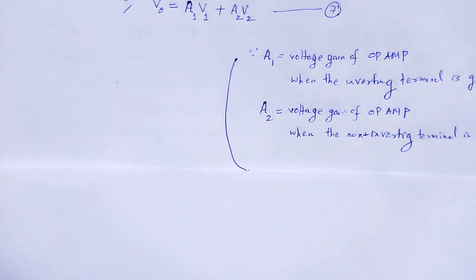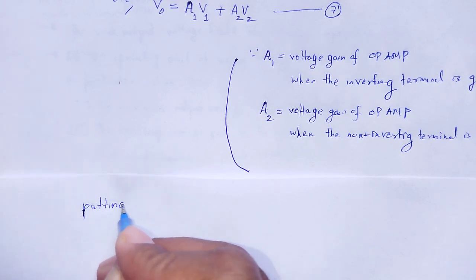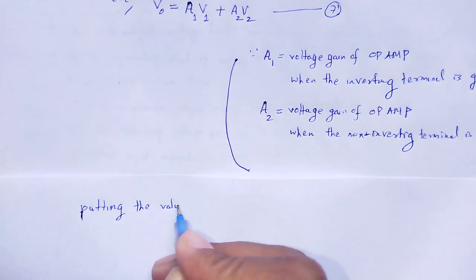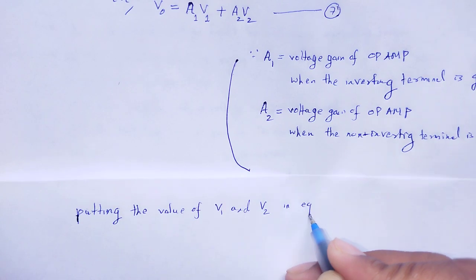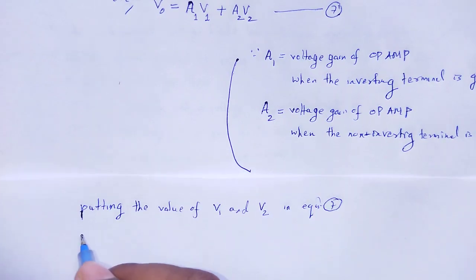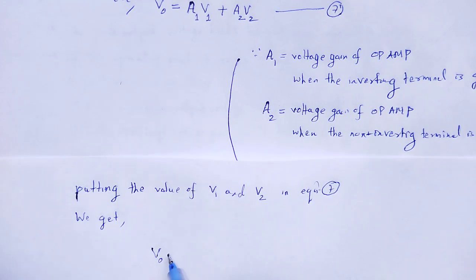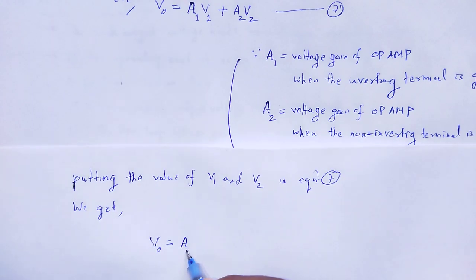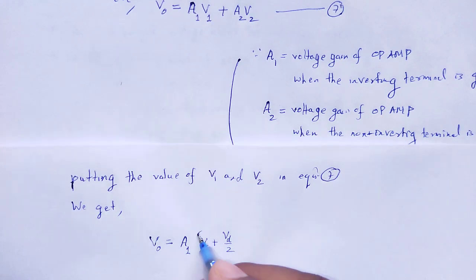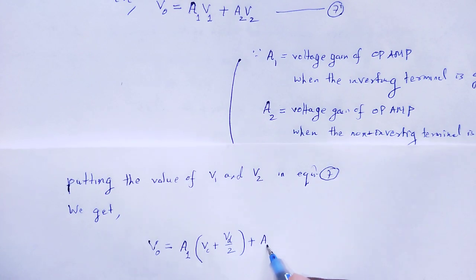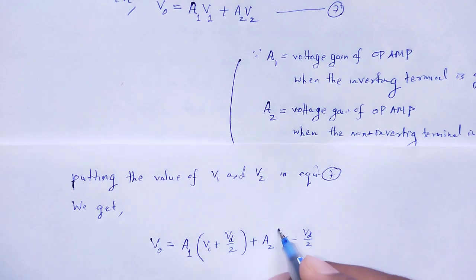Putting the values of V1 and V2 in equation 7, we get V output equals A1 times Vc plus Vd by 2, plus A2 times Vc minus Vd by 2.